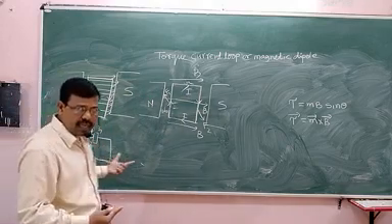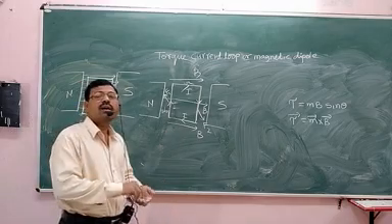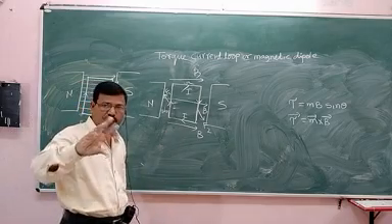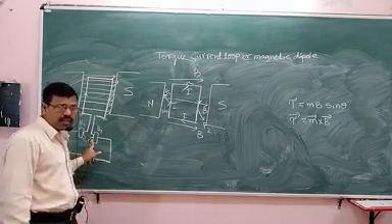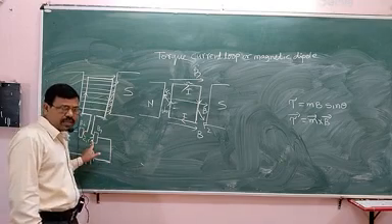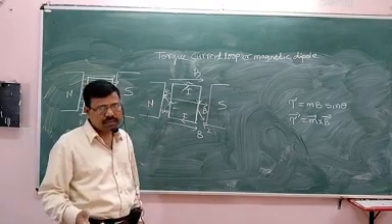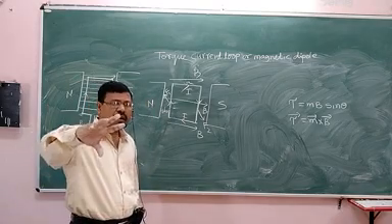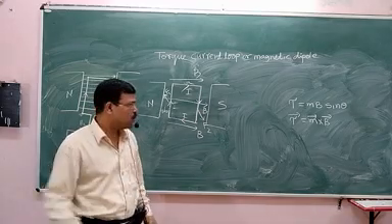Such a DC motor is used for rotational motion. If you connect one fan here, it rotates. If you connect one wheel here, the wheel rotates. Such DC motors are used in electric fans, washing machines, mixies, grinders and so on.